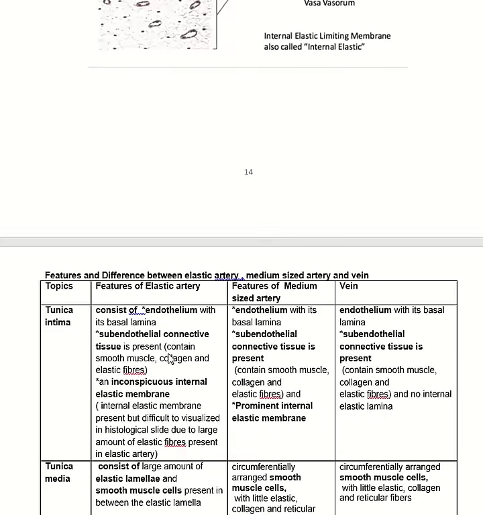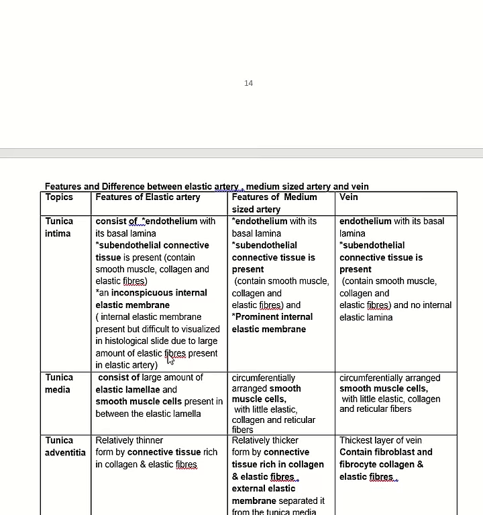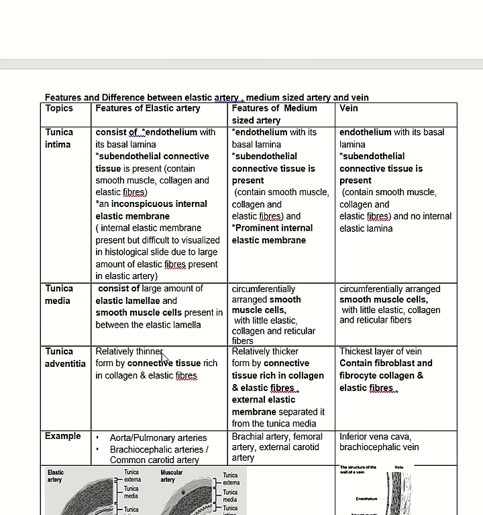And there are also some differences between elastic artery, medium-sized artery, and vein. Tunica intima of the elastic artery contains endothelium with basement membrane. This feature is common for all arteries and veins.